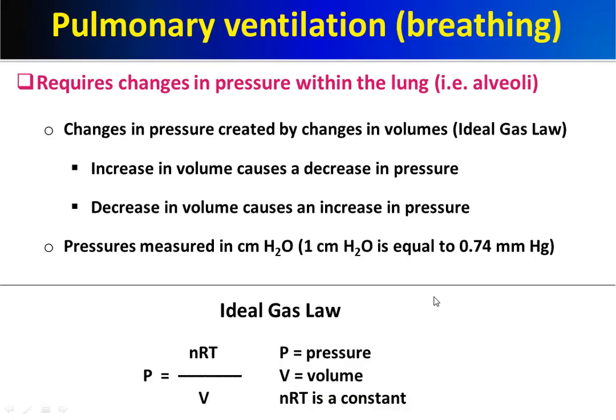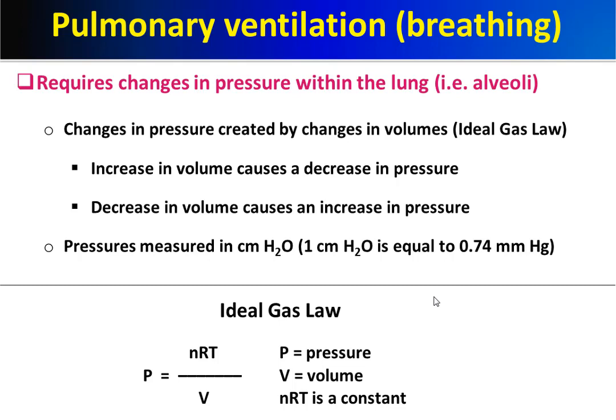Since the atmospheric pressure cannot be changed, in order to generate a pressure gradient between the atmospheric pressure and the alveolar pressure, we need to have a change in the alveolar pressure. How does a pressure change?